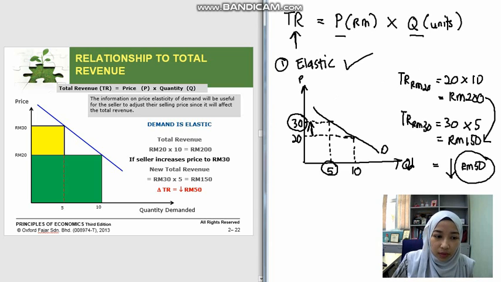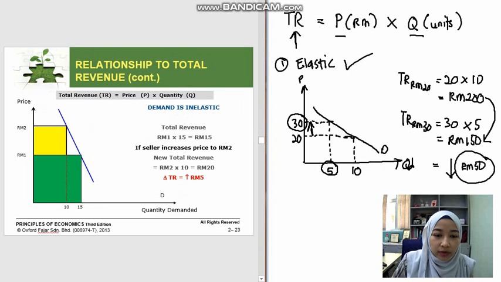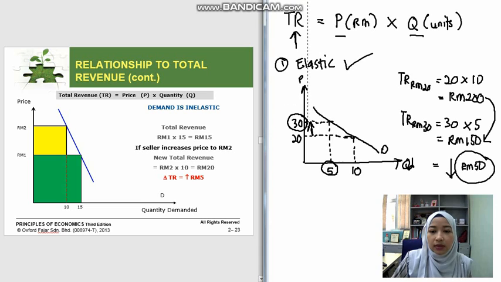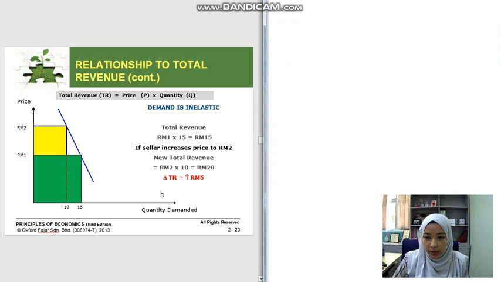Okay, and then if your demand is inelastic, what will happen to your revenue? Again, to calculate revenue is price times quantity.